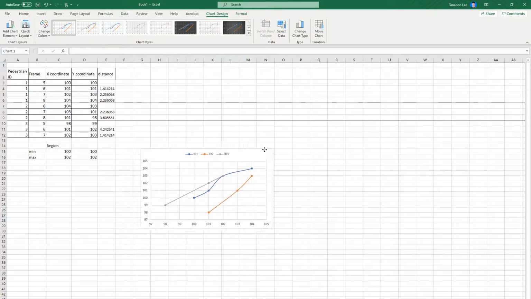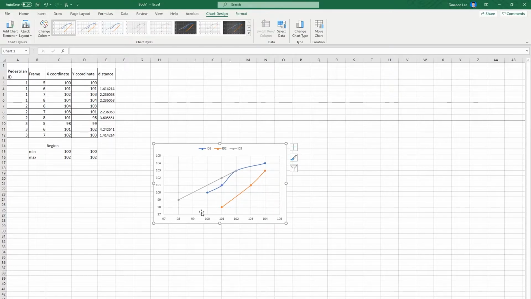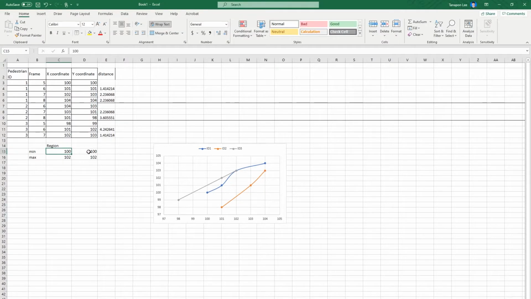And then we can create this region box that we're interested in.